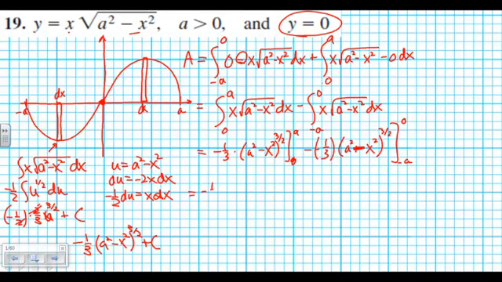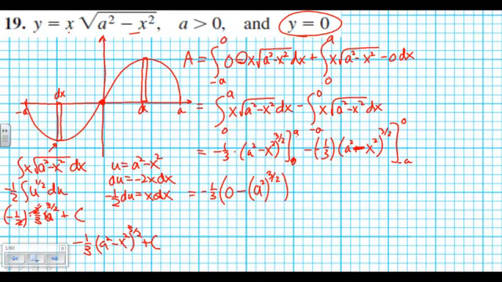Plugging in, I get negative 1/3. When I plug in a, the upper bound, I get a squared minus x squared, which is 0. When I plug in 0, I get a squared minus 0, plugging in the lower bound, and I get a squared to the 3/2.